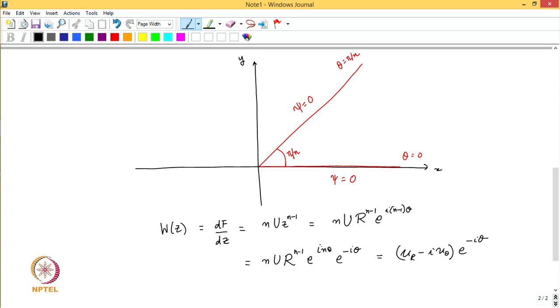So, now can we compare the two sides and derive the two velocity components? The answer is yes, we can do that. So, let us do this.